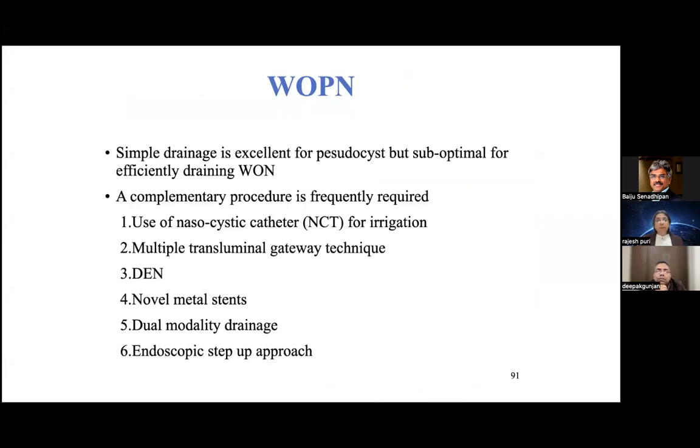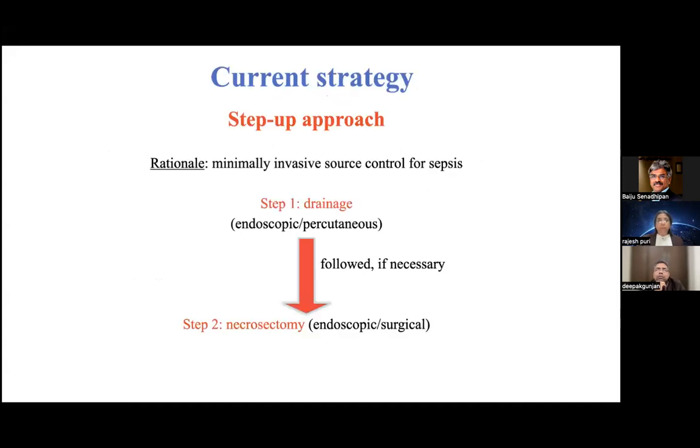So simple drainage is excellent for the pseudocyst, but suboptimal for walled-off pancreatic necrosis, because the majority of these patients require either a nasocystic catheter irrigation, or multiple transluminal gateway pathways, or a direct endoscopic necrosectomy, or you require a metal stent in spite of a plastic stent, or you may require a dual modality of drainage. And nowadays, the step-up approach is better.